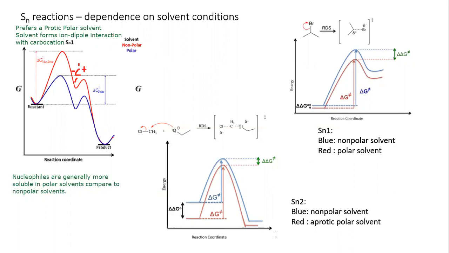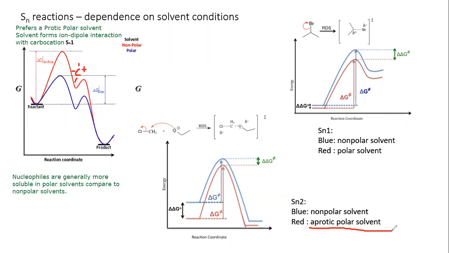Now with SN2 reactions, we prefer aprotic polar solvents. And that's because with SN2 reactions, if we use a protic solvent, the solvent will interfere with the nucleophile and kind of inhibit it from attacking the alkyl halide.